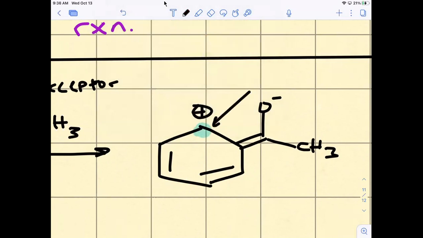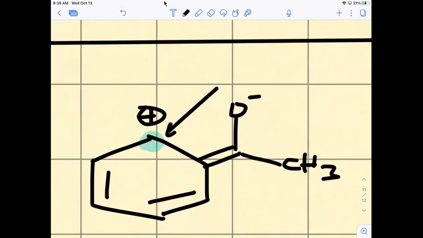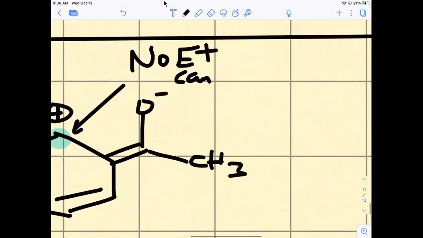No, I can't add an electrophile because the electrophile is looking for electrons. If a carbon is positive, that means it's devoid of electrons, or it doesn't have enough electrons, and it definitely doesn't have any it can give away. So I cannot add an electrophile there.